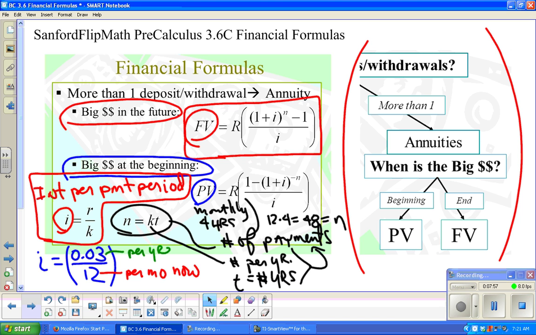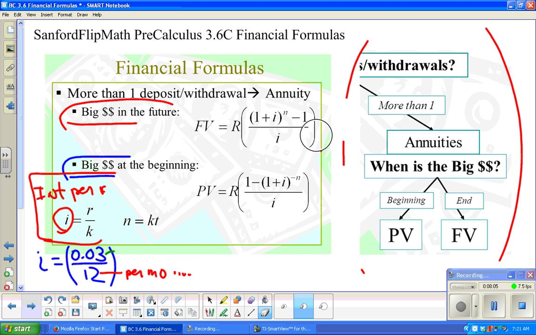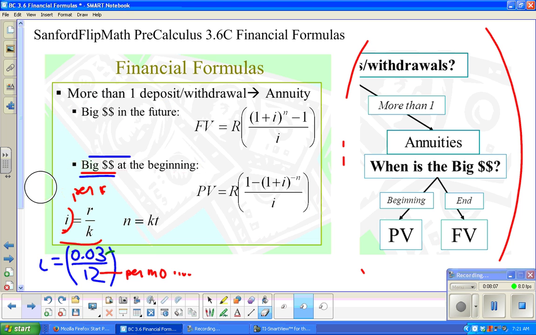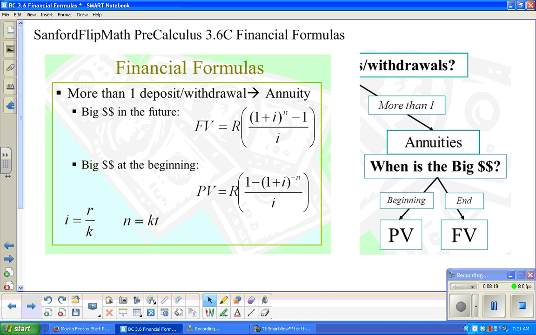This is getting a little messy. Then the other two quantities in these formulas. Let's just make some room. One of them is R. If you can rewind to see all of that stuff I just erased, don't feel like you're stuck with me going through this timeline. R is the regular payment.